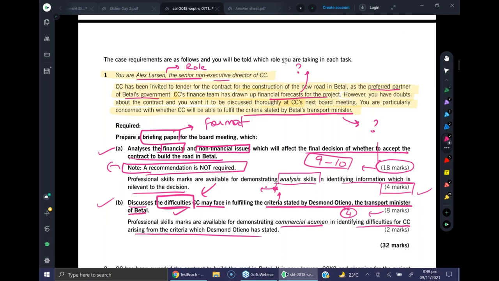Now it is on us to think of ideas for how this criteria will create problems for the CC company. So you'll have to give your own ideas, and that's why commercial acumen is tested here. Are you giving relevant ideas, what difficulties you might face? Thinking about everything and applying proper judgment can get us these marks as well.